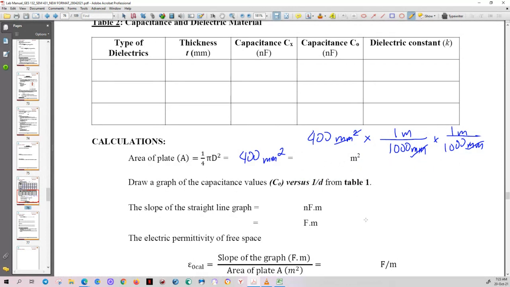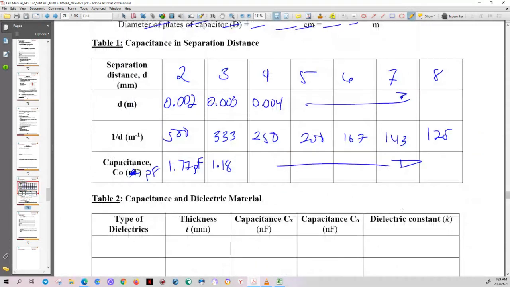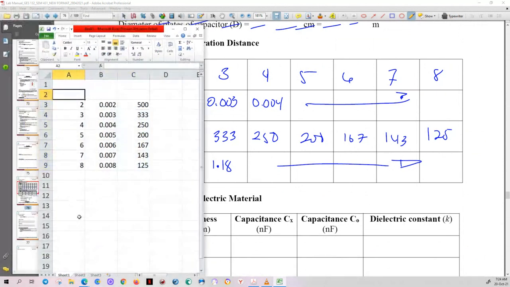Next, the slope of the line means you have to graph capacitance versus 1 over D. It's a good thing that we have Excel because we can graph in Microsoft Excel just like I've shown you before. Good thing that we already have the data. What's the data?